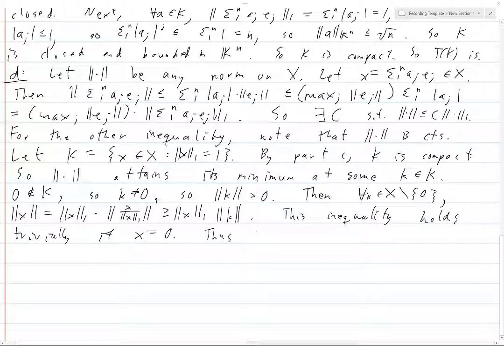Thus, there exists a C such that C times the one norm of x is less than or equal to the norm of x, which is less than or equal to C times the one norm of x.